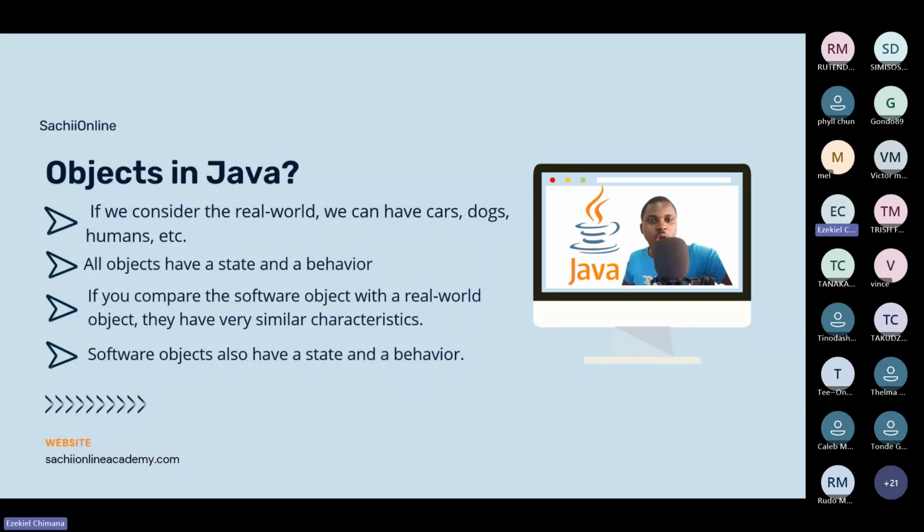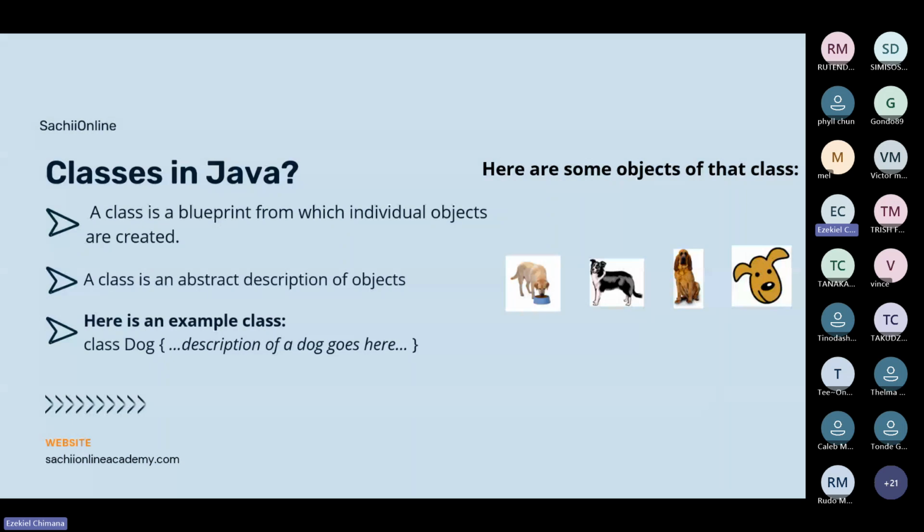So normally, when you are defining it, you can take an object as an instance of a class, right? So there is what you call a class in Java, which is like a mother to these objects. A class is a blueprint from which individual objects are created. So whenever you are seeing an object of a class, know that it's as good as a copy of the class, right?